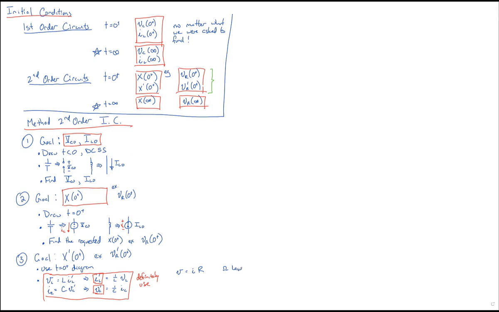If Ohm's law is true, and it is, then the derivative has to be true too. R is a constant, so we don't need to take its derivative.